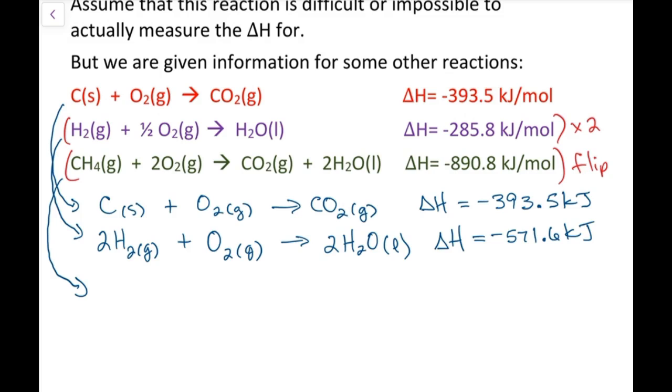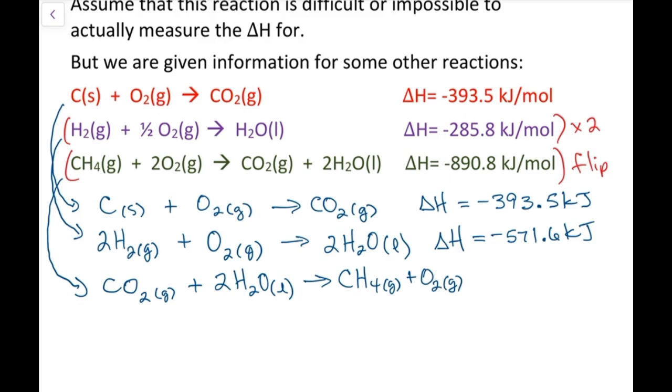So instead of carbon dioxide and water being my products, they're going to become my reactants. So I'm just basically writing the reverse reaction. So CO2 gas plus 2H2O liquid, and that's going to give me CH4 gas plus O2 gas as a product, and my delta H also has to be flipped.